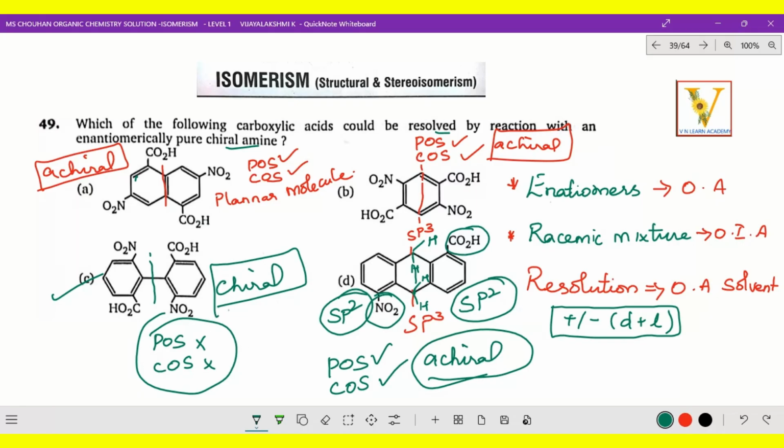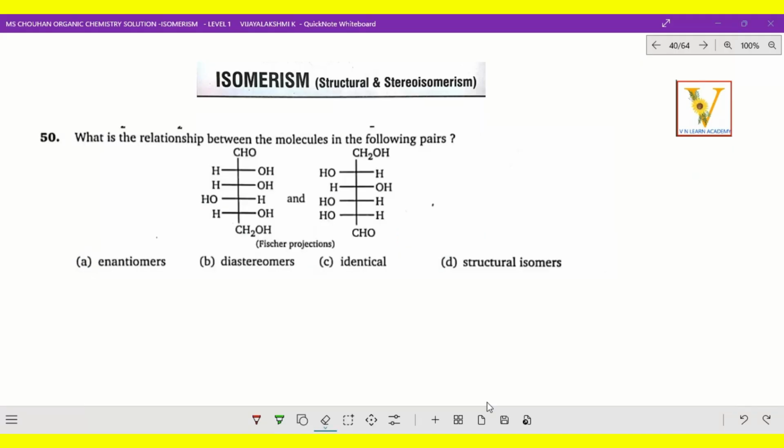Come on, let us go to the next question. The next question: what is the relationship between the molecules in the following pairs? They have given that compound here: enantiomers, diastereomers, identical, or structural isomers.